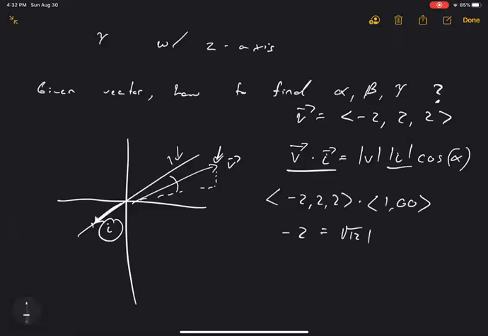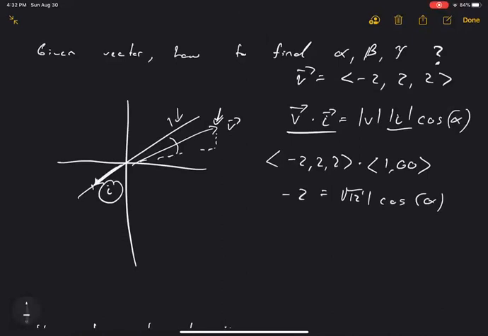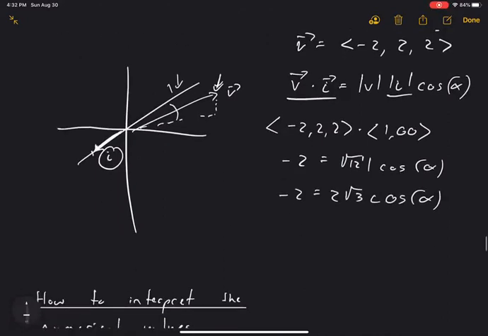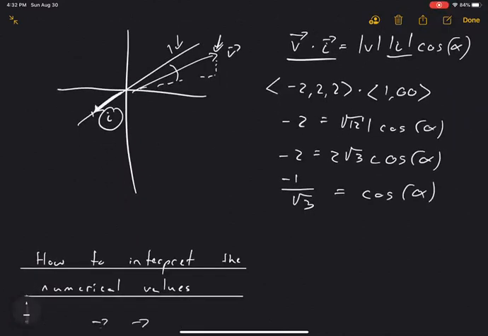Try that on your own. And then I have cosine of alpha. Now let's simplify this. Square root of 12, that's 2 square root of 3 times 1. So I have 2 square root of 3 cosine alpha equals negative 2. Getting cosine by itself, I get negative 1 over square root of 3 equals cosine of alpha.